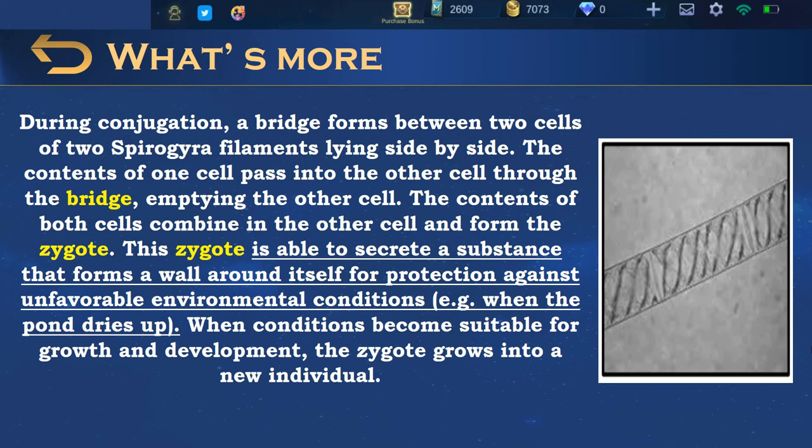This zygote is able to secrete a substance that forms a wall around itself for protection against unfavorable environmental conditions, like when the pond dries up. When conditions become suitable for growth and development, the zygote grows into a new individual.